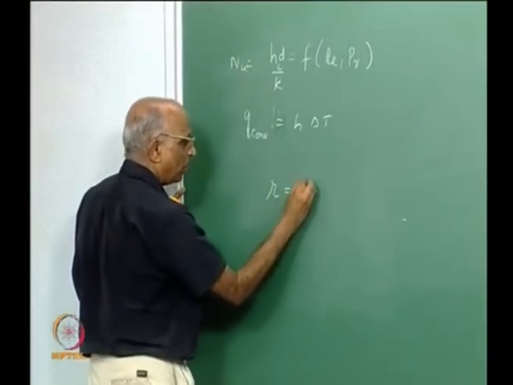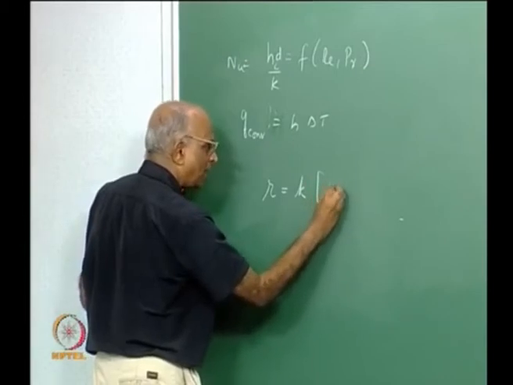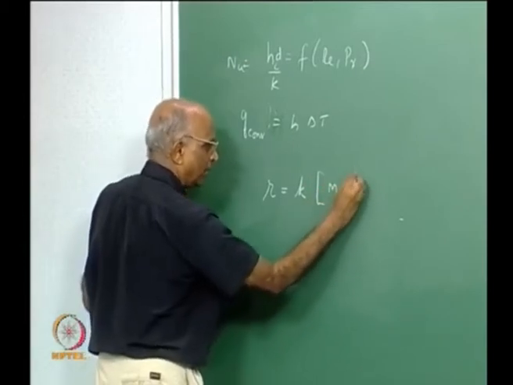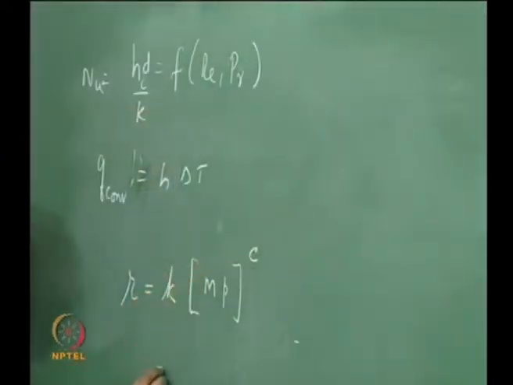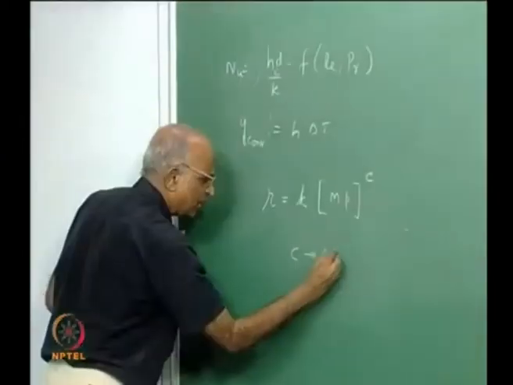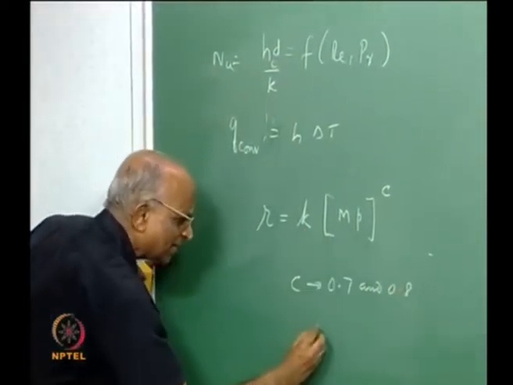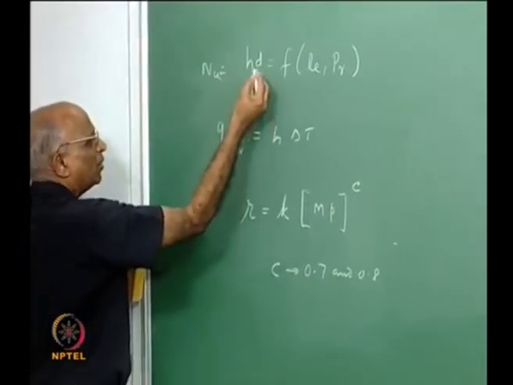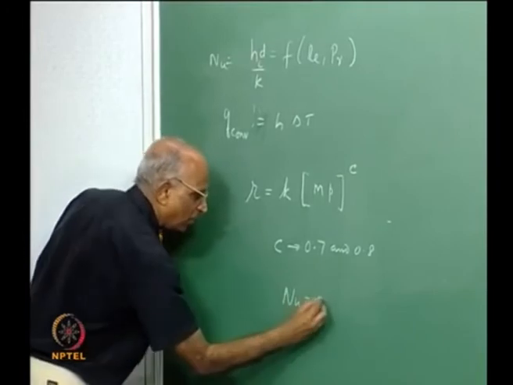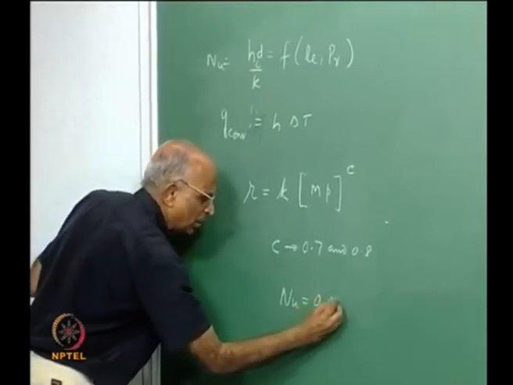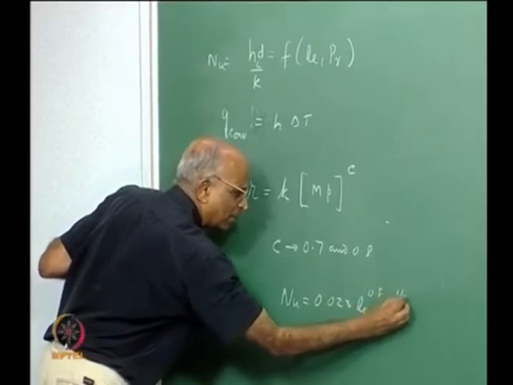rate can be put in terms of a constant into something like a Mach number into the pressure to the power C. The value of the exponent C is typically between 0.7 and 0.8, which is something like saying, if you look at the standard correlations for Nusselt number, you get Nusselt number in a turbulent flow equal to 0.023 into Reynolds number to the 0.8, Prandtl number to the power 1 by 3.